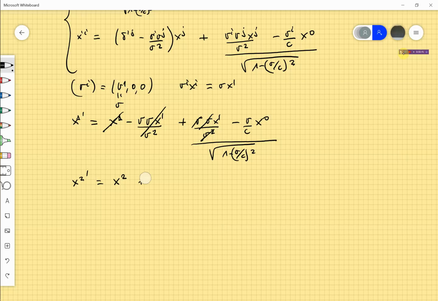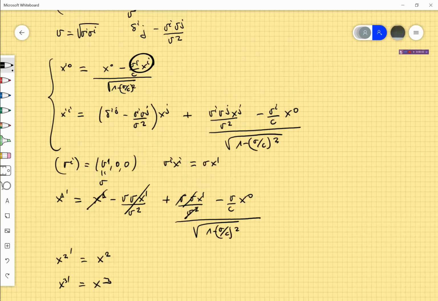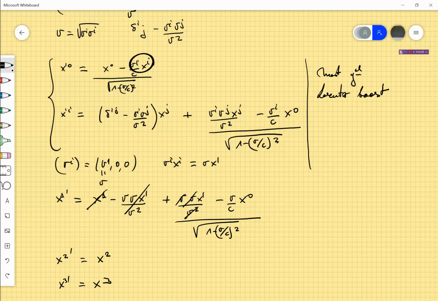So you get that x2 prime is x2, and the same for x3. So these are the most general Lorentz boosts, but expressed in two reference frames with parallel axes.